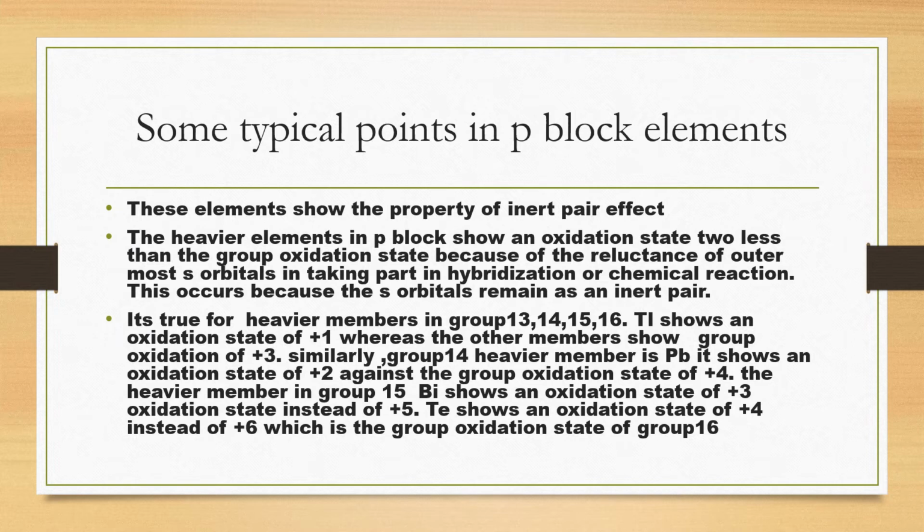The heavier element in group 15, bismuth, also shows +3 oxidation state instead of +5. Tellurium in group 16 shows an oxidation state of +4 instead of +6. All this happens because of the reluctance of the outermost s orbital in unpairing.